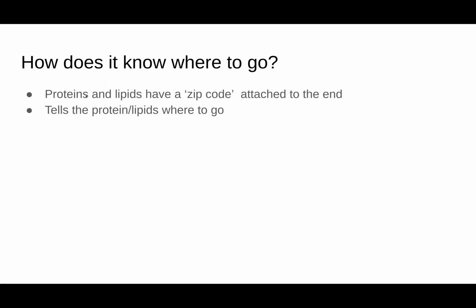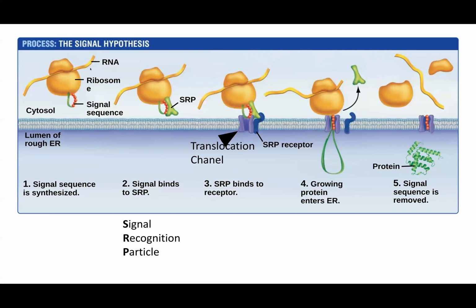So when we're thinking about this, we have what's called the signal hypothesis. It's a pretty well supported hypothesis, but the idea is we have our ribosomes and our messenger RNA here, the cytoplasm here, and the endoplasmic reticulum here.